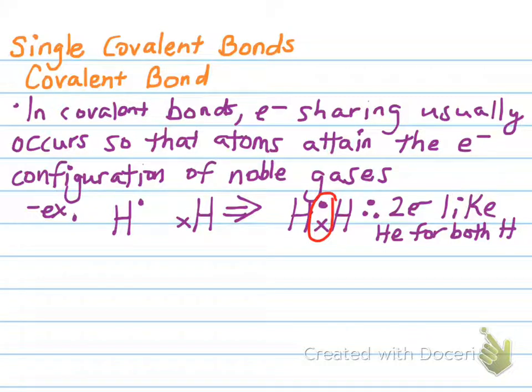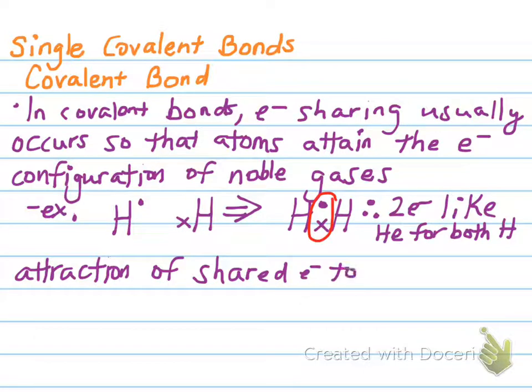And what really holds these atoms together is that attraction of the shared electrons to the positive nuclei of each of the atoms. So those shared electrons are attracted to both the hydrogen on the left's nucleus and the hydrogen on the right's nucleus. And again, they're both holding on to those same electrons, so that bonds those two hydrogen atoms together.